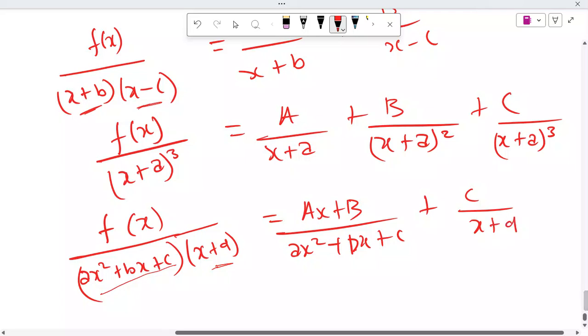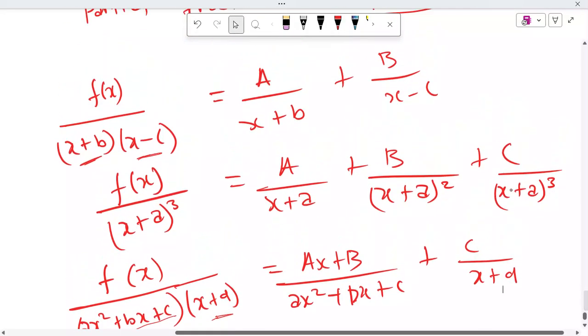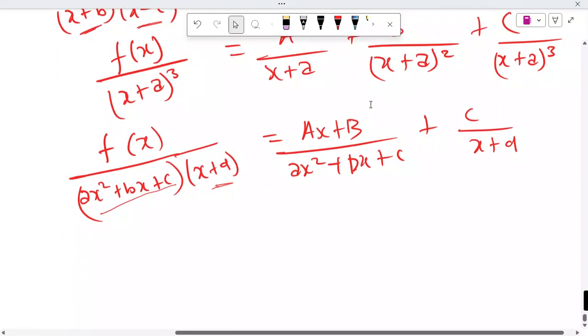So this is the standard form. We have written ax here because the quadratic is no longer linear. The numerator will no longer be just a constant. So don't be surprised, we haven't started solving, so don't be surprised what is a, what is b. Don't worry, you will understand them as we continue solving.